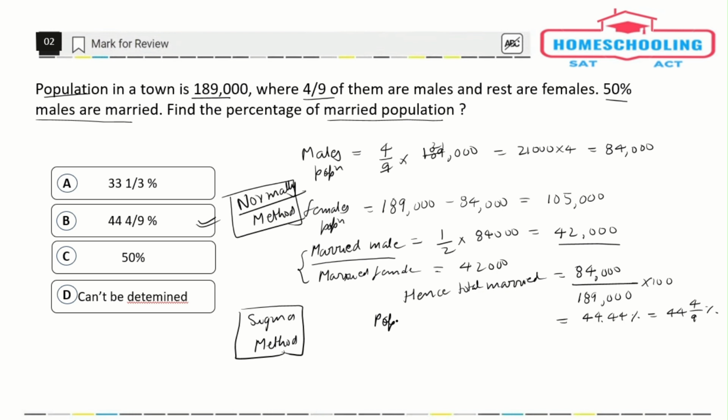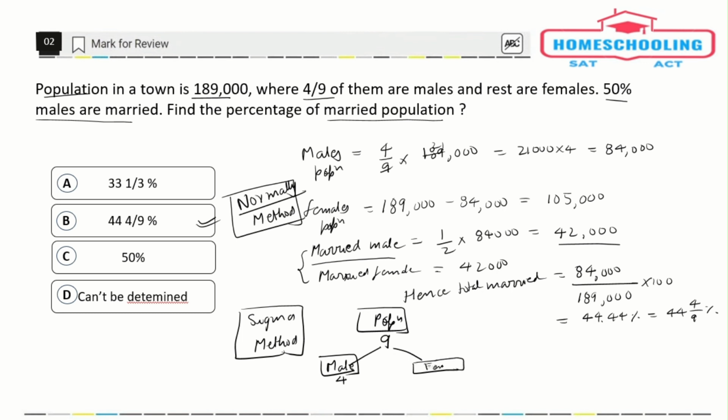So the whole population, in ratio, let's consider as 9. And from this, males are 4. Out of 9, males are 4, then females would be 9 minus 4, that would be 5.